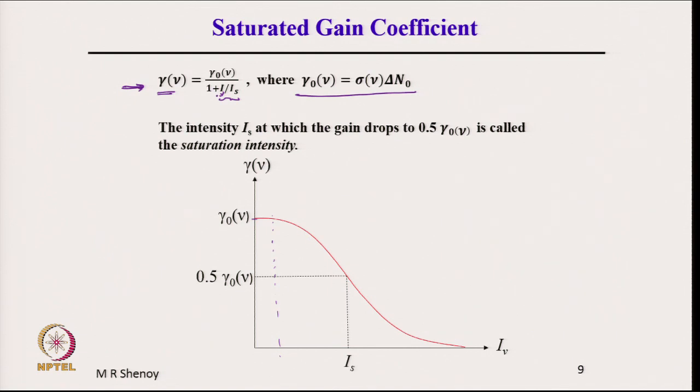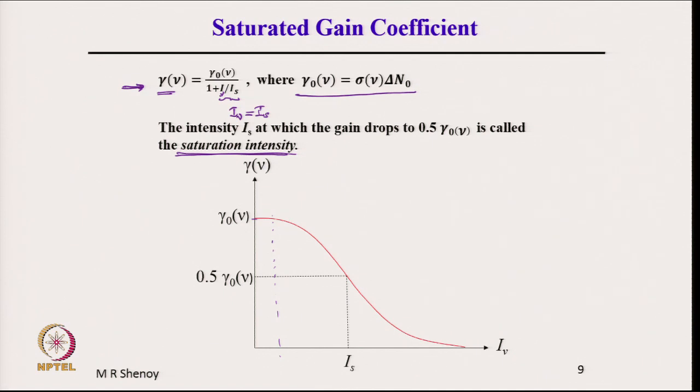The intensity I nu at which the gain drops to half of its value is I s. So, the definition of saturation intensity here is that when I nu is equal to I s, some value I s at which the gain drops to half of its value is called the saturation intensity.